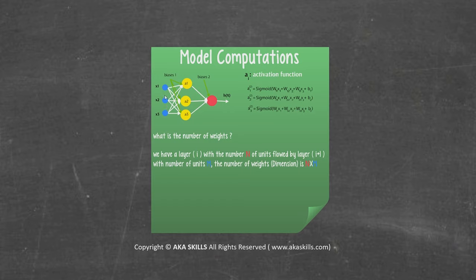Let's call these n and these m. So multiply n by m: 3 times 3 is 9. If you count the weights here, 1, 2, 3, 4, 5, 6, 7, 8, 9, we have 9 weights. If you want to calculate the set of weights here, you multiply 3 by 1, because this is just one cell. So 3 by 1 is 3. That means there are 3 weights, 1, 2, 3, and that's right.